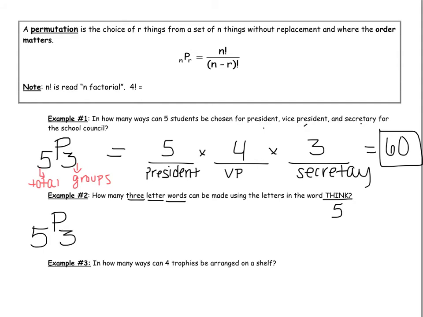So that's why I do 5 as my total. There are 5 letters in the word think. There are 3 groups that I want to make, or 3-letter words. So 5P3, again, if you just look from example number 1, is 60. The hardest part about these questions is going to be determining whether you're going to use a permutation or a combination, which we're going to talk about in a minute.